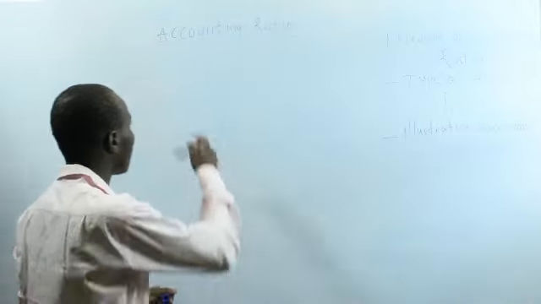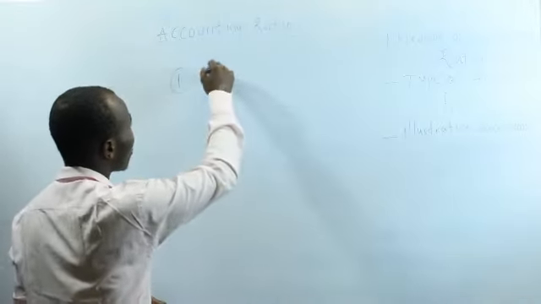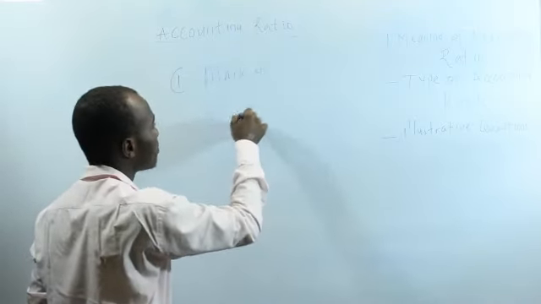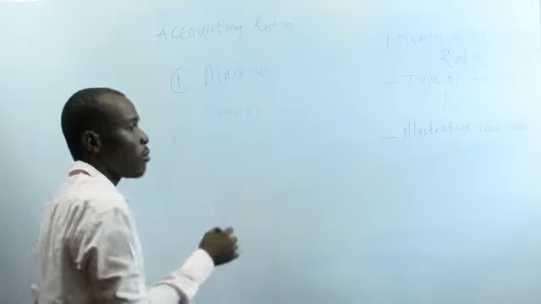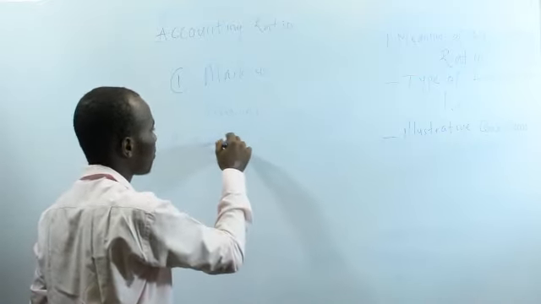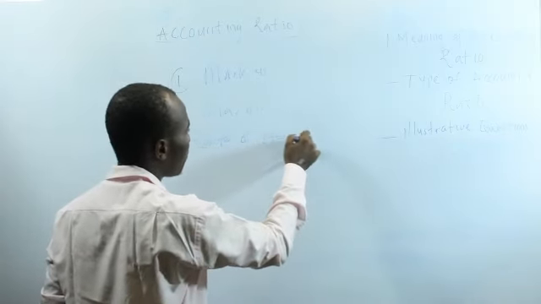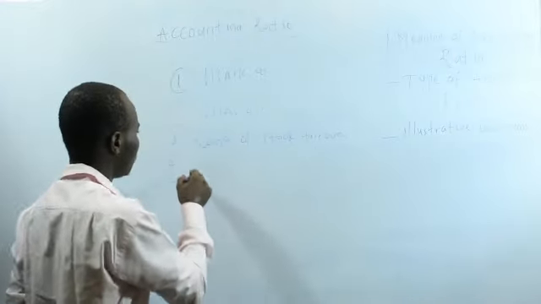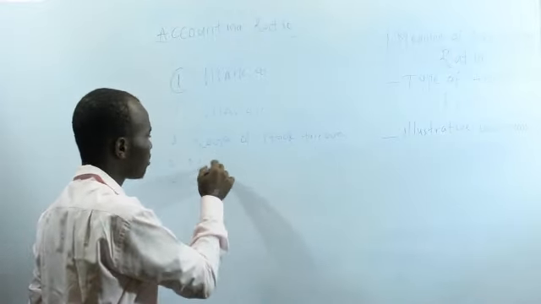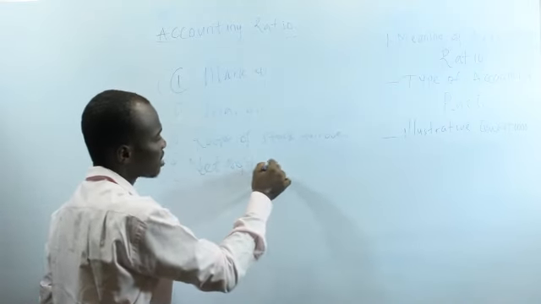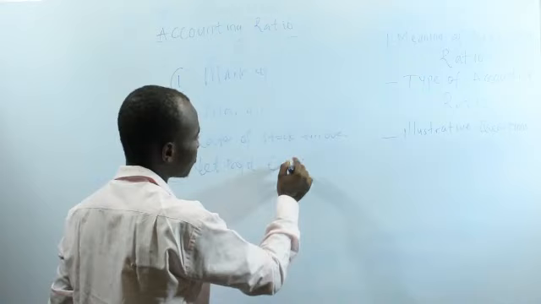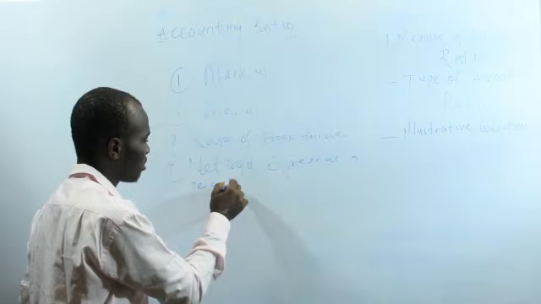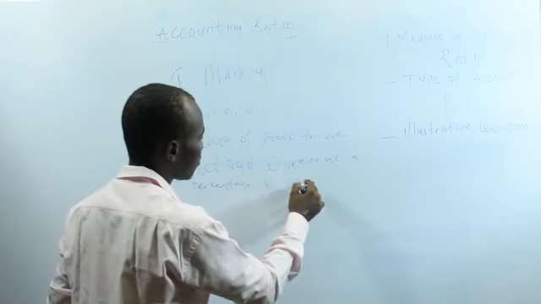Number one, we have the markup. Number two, we have the margin. Number three, we have the rate of stock turnover, and number four, we have the net profit expressed as a percentage of sales.